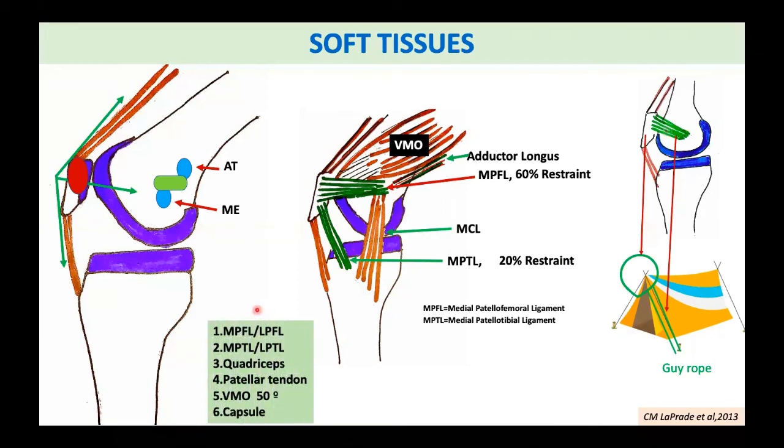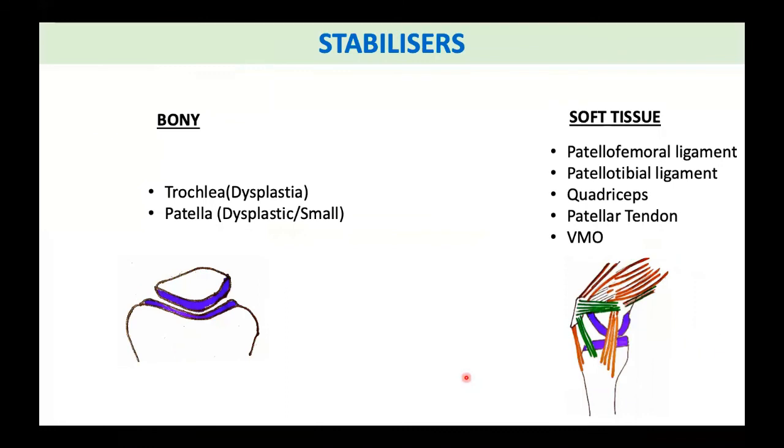So these are the soft tissue stabilizers: the ligaments, the quadriceps tendon, the vastus medialis obliquus, and the capsule also provides some stability to the patellofemoral joint. The anatomy of the patellofemoral joint can be better studied in terms of bony factors and soft tissue factors.